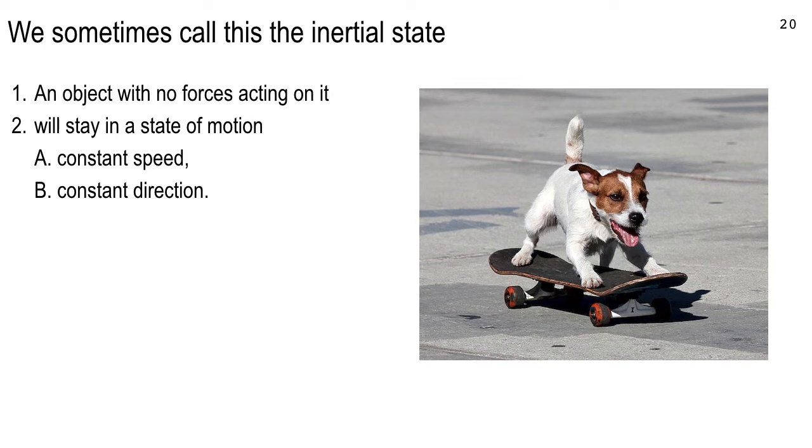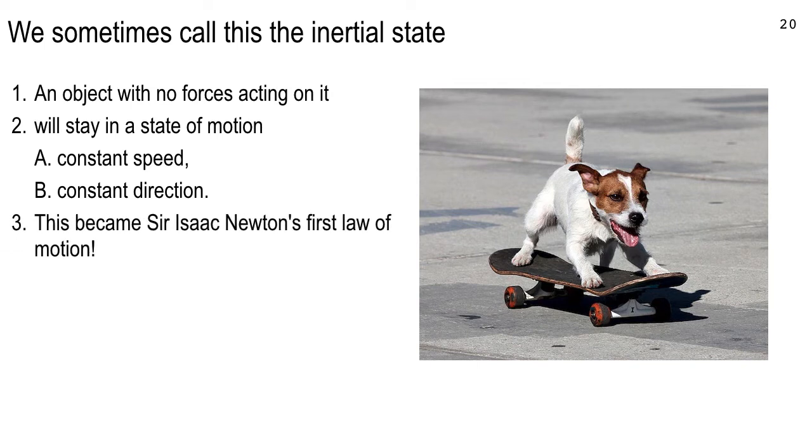Okay. So now, Galileo's principle of inertia. This actually became Sir Isaac Newton's first law of motion, the principle of inertia, or the law of inertia. And now this is going into chapter 3.